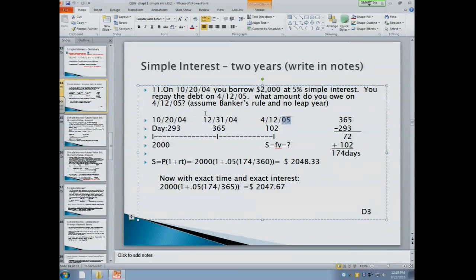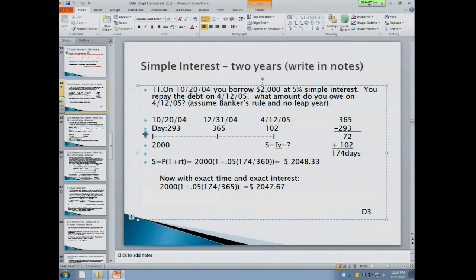So therefore you have to put 12/31/04 in there, and then you find the days: day 293, 365, and 102. So we have put money in the bank from 10/20 all the way through 4/12/05. We have to find the number of days in that highlighted area.